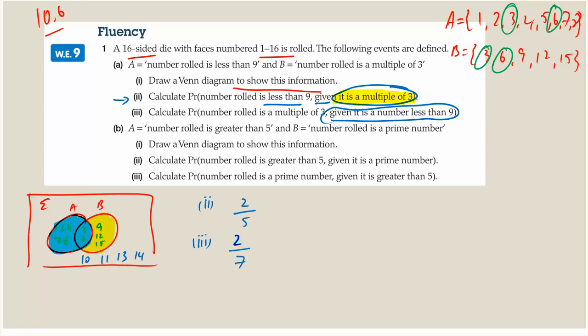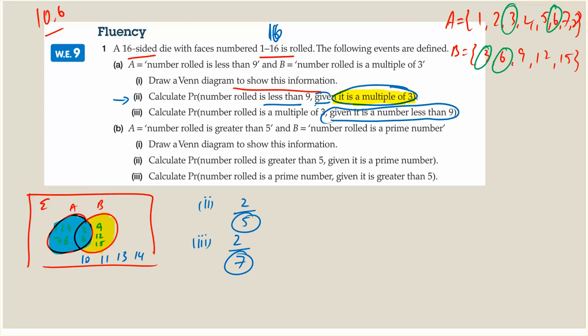So our total is not what it would normally be, because that magic word, given, tells us that we're not looking at the whole 16 numbers anymore. We're just looking at the numbers that are in A or in B, which is why we got 5 and 7. You're just counting what we want in the space given.